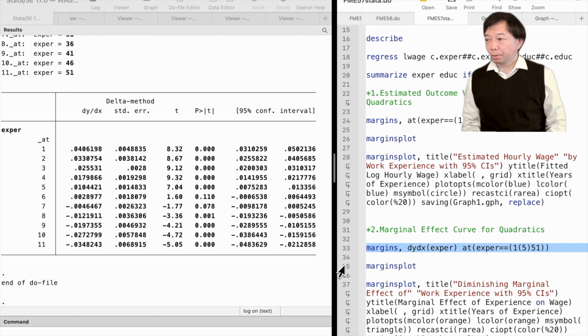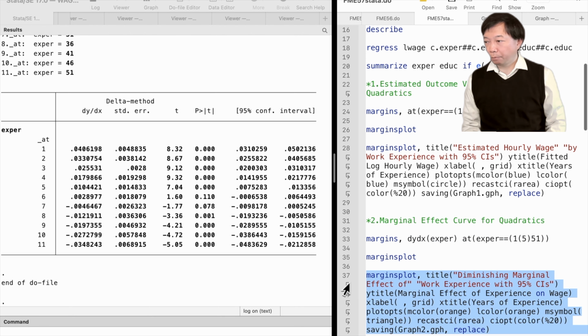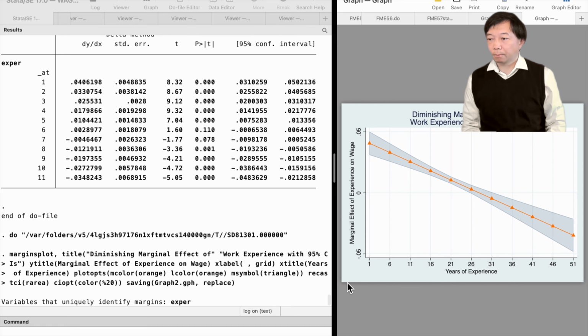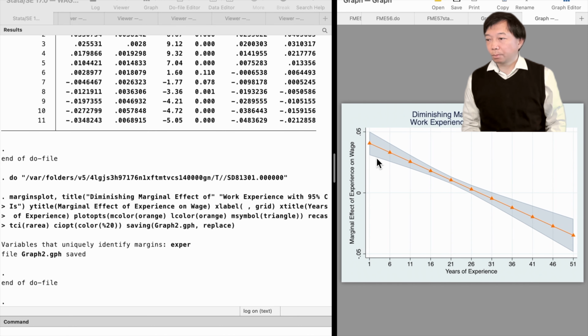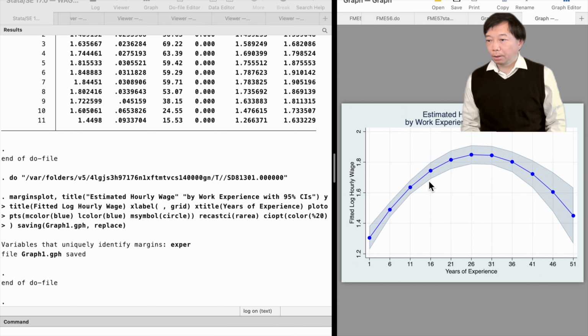Then we use Marginsplot with options to visualize the marginal effect. It decreases with years of experience, and at about 28 years, the marginal effect becomes negative. This corresponds to the peak of the estimated wage curve we just graphed.